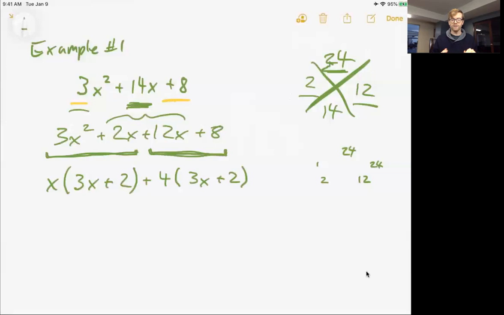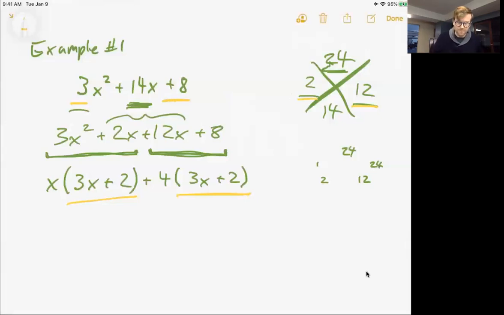I could factor it out, and that leaves me with, lo and behold, and this is very important, the exact same group structure, 3x plus 2 on the left and a 3x plus 2 on the right. The reason that happened is because we selected the way to split up that middle term cleverly. We did a good job.